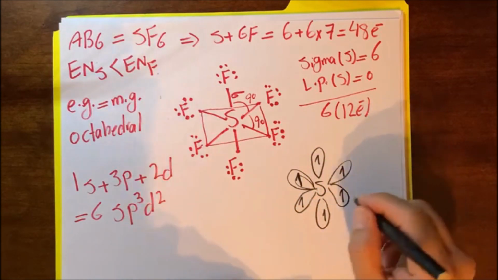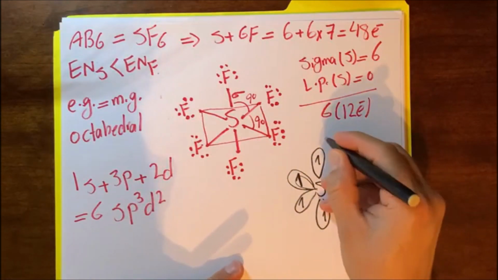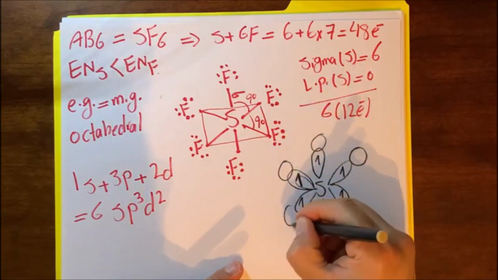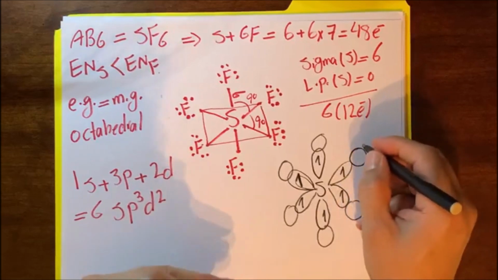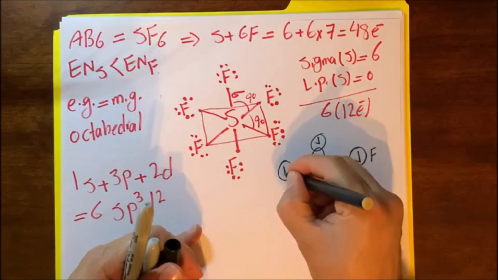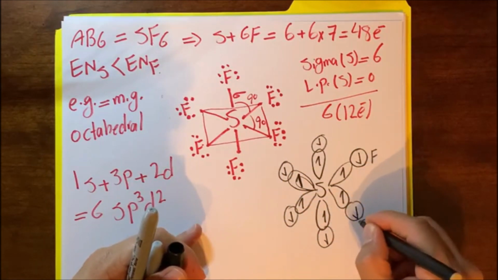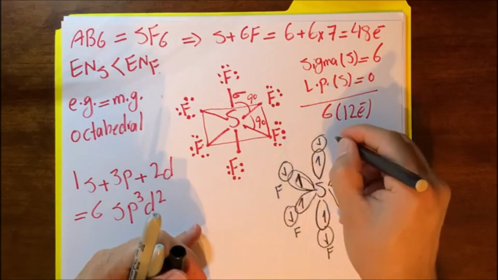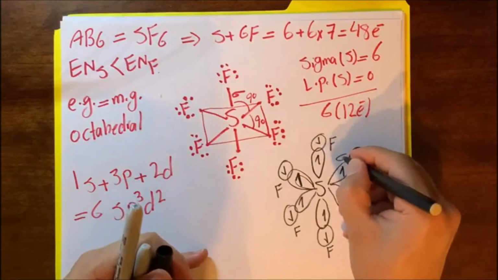Next, I will show the outer atom. The outer atom can reach the central atom through these directions. So I got 6 sigma bonds.